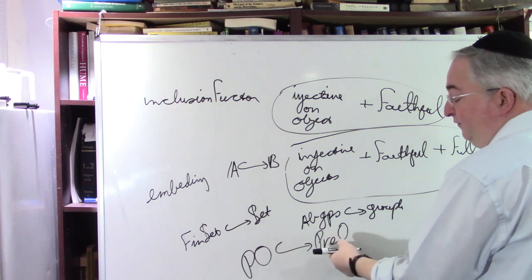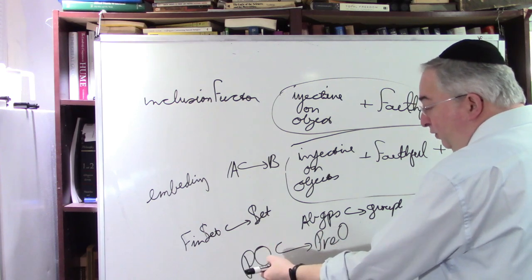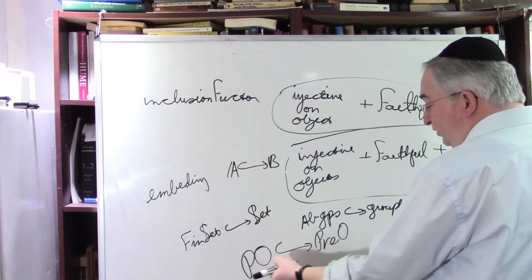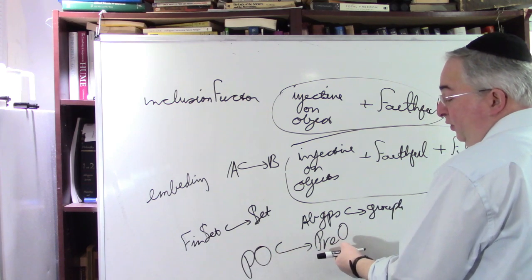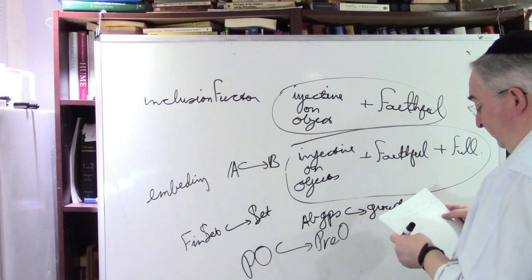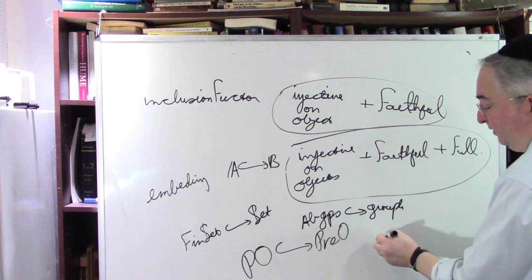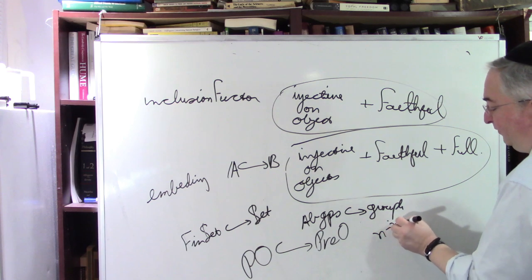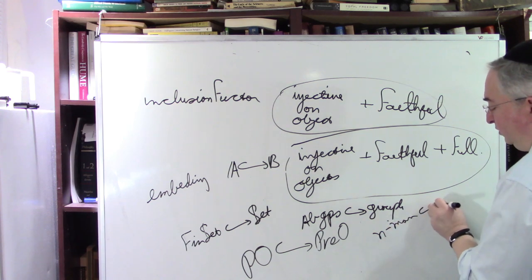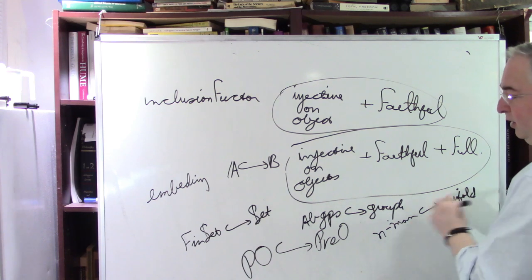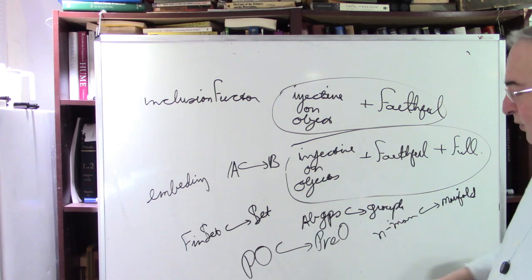Because the morphisms in here are all order-preserving morphisms between partial orders, and they're all order-preserving morphisms between here. The same is true, I'm not going to write it out. Oh, I will. N-manifolds include into manifolds. Those are also embeddings.